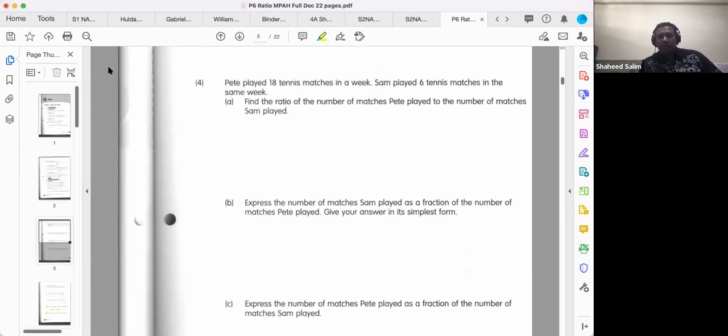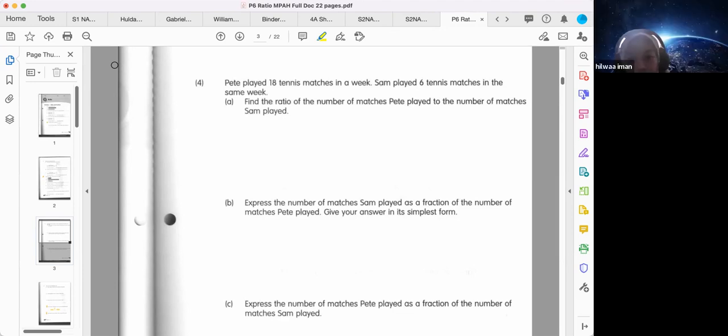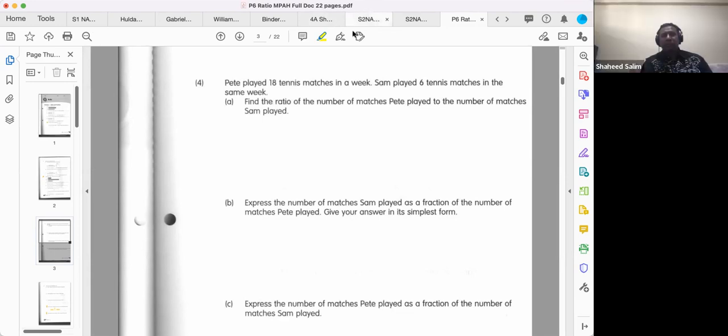Now we come to this one. Pete played 18 tennis matches in a week. Sam played 6 tennis matches in a week. Find the ratio of the number of matches Pete played to the number of matches Sam played. You need to write 18:6. But you've got to bring it to lowest terms. 3:1. Yes, 3:1.